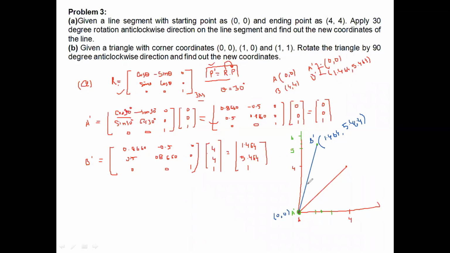So this line is rotated by an angle of 30 degrees. These are the new coordinates after rotation of a line by an angle of 30 degrees.